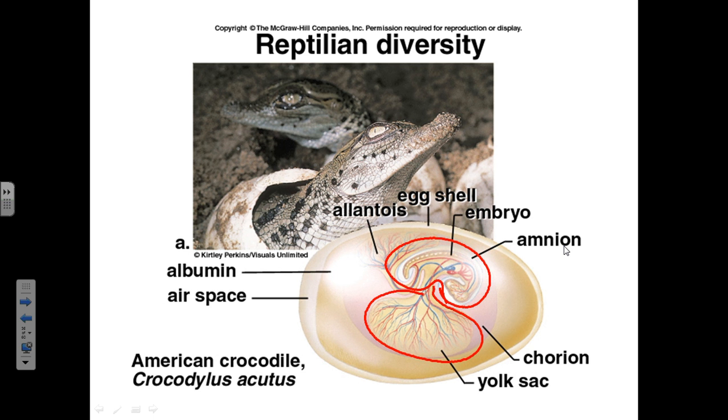You have another sac over here called the allantois, depending on how you say it. What's that hold? Waste, like uric acid and such. And then there's another membrane that encloses the whole thing and helps to exchange gases, and that's the chorion. But that's the amniotic egg. And again, it's hard-shelled, so it keeps water in and lets them lay those on land. They're not tied to the water.